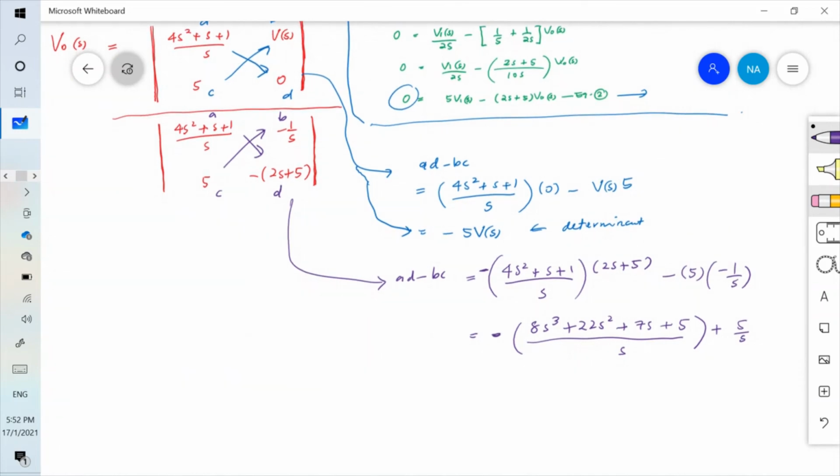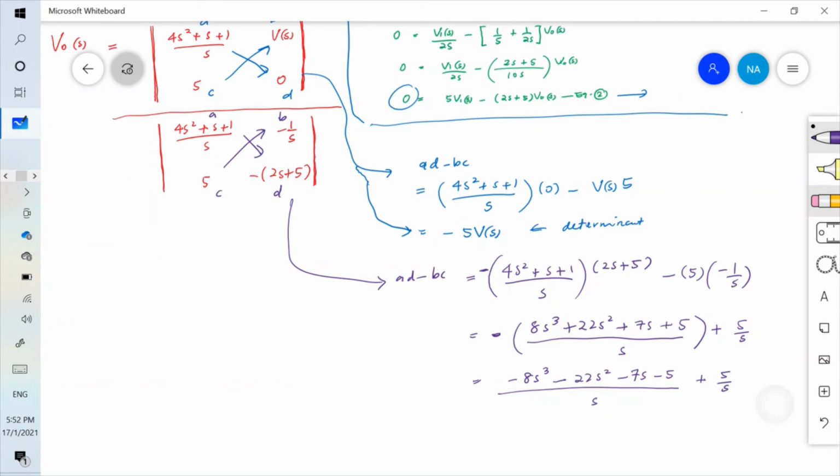Remember you still have the negative sign. Expanding this, you get negative 8s cubed minus 22s squared minus 7s minus 5 over s plus 5 over s.